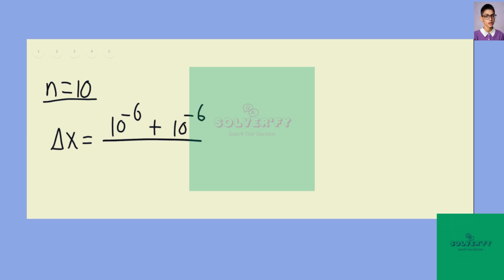So it wants us to use midpoint with n equals 10. So our delta x is just, well, we're ending at 10 to the -6th, and we're starting at 10 to the -6th, but a negative version. So we get 2 times 10 to the -6th divided by 10, which should give us 2 times 10 to the -7th.